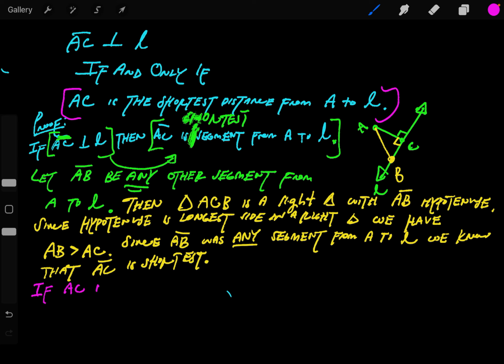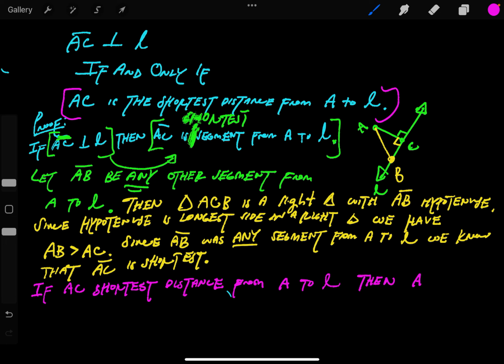Let's say AC is shortest distance from A to L, then you can guarantee that AC is going to be perpendicular to L. The segment AC will be perpendicular to L.